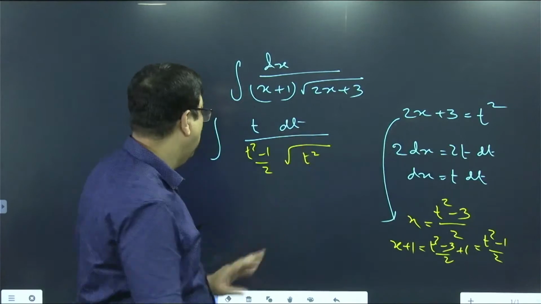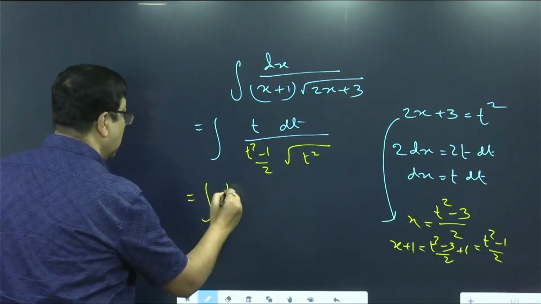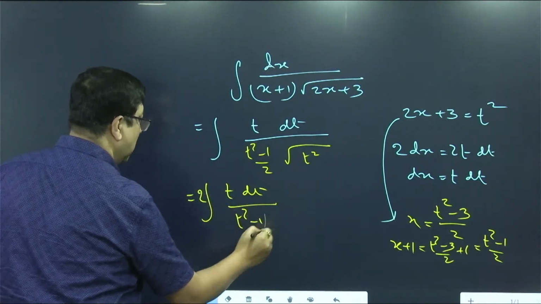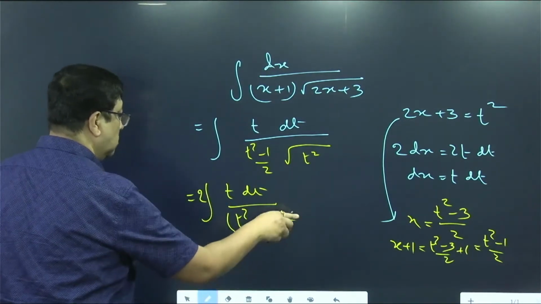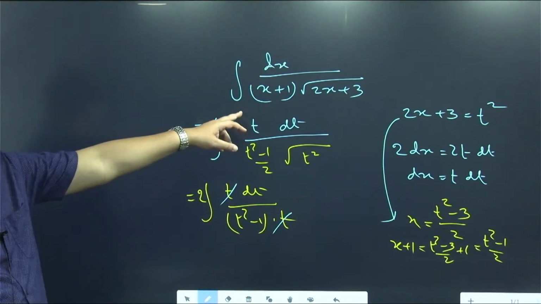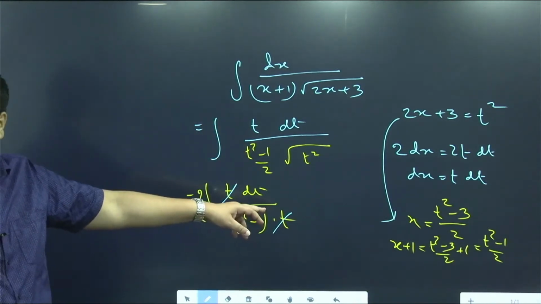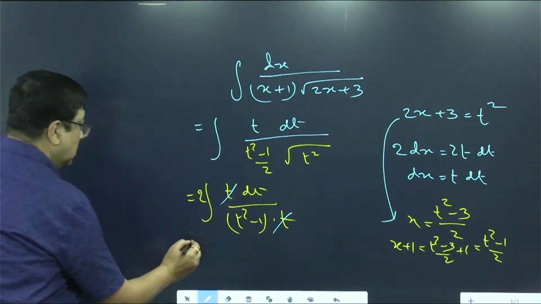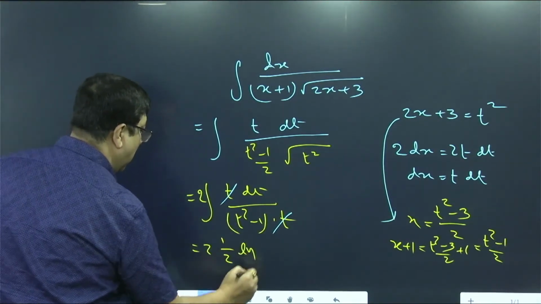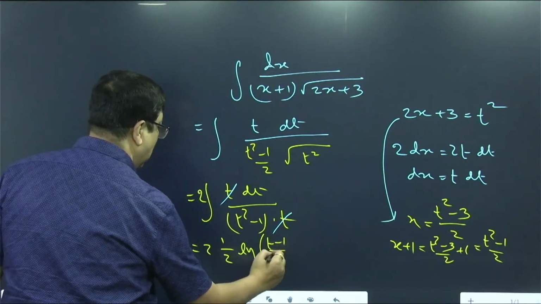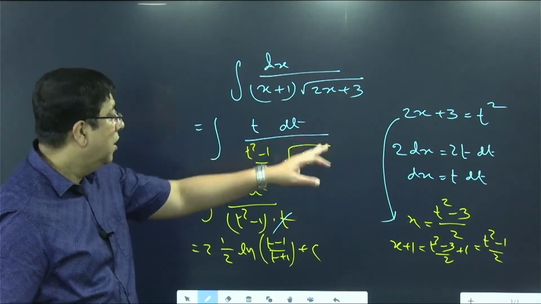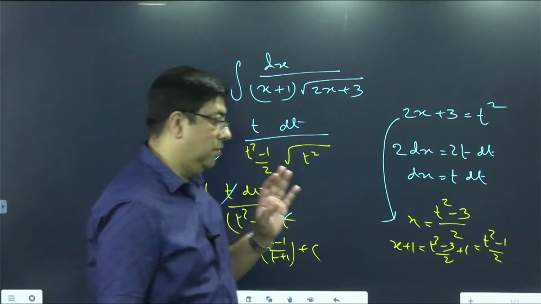So we are getting t dt, this 2 is coming up, t square minus 1 into t, and these two t are getting cancelled. So we are getting the direct formula, that is why we have taken this. Understood? So this is coming 1 by t square minus 1. So 1 by 2a, that formula, log of x minus 1 by x plus 1 plus c. Now instead of t, put the value, sum is over.